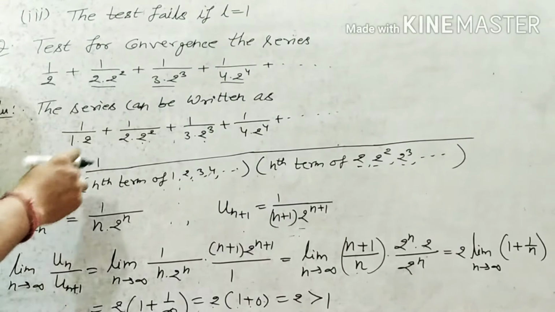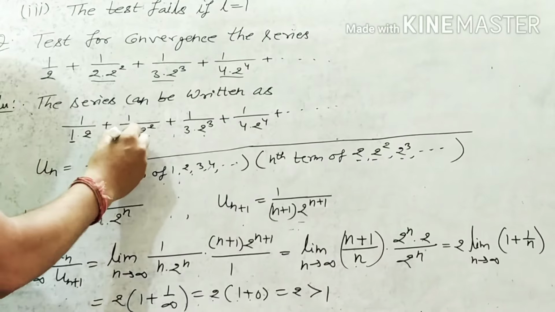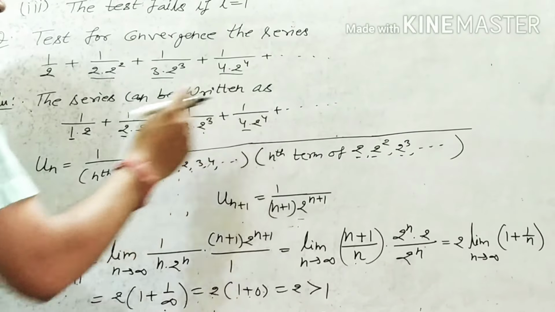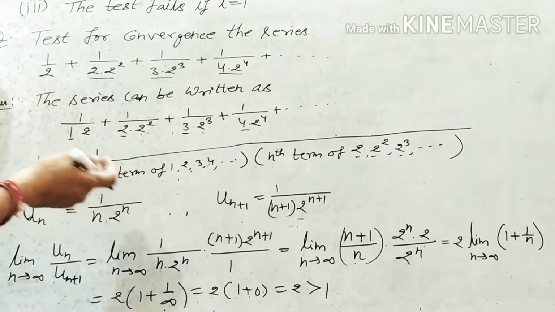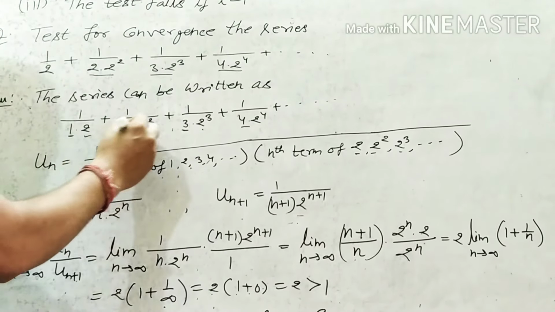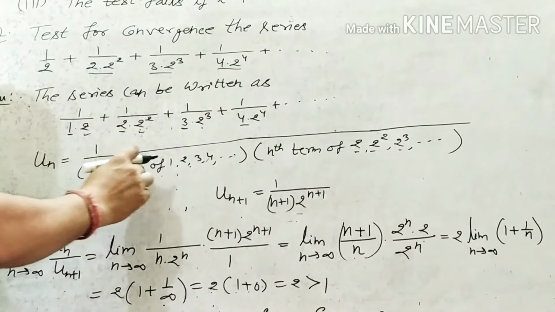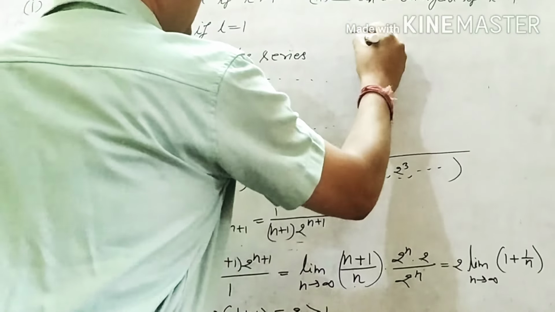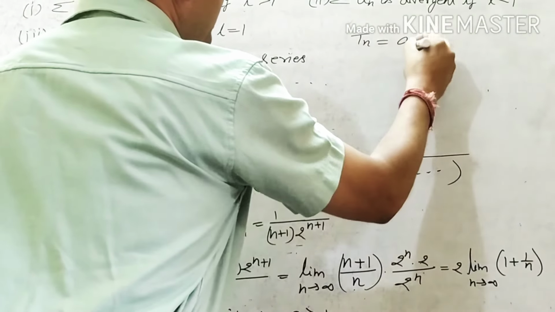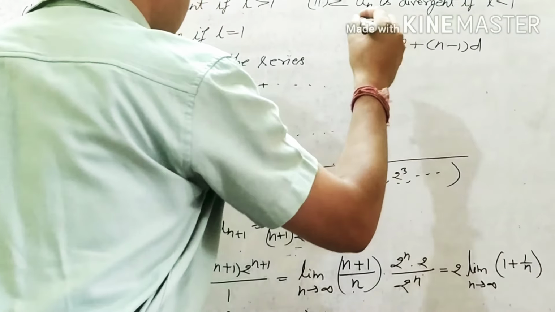Now un will be 1 upon the nth term of 1, 2, 3, 4, into the nth term of the second part. Nth term of 1, 2, 3, 4 is an AP, and you know the nth term of an AP is A plus n minus 1 into D, where A is the first term.